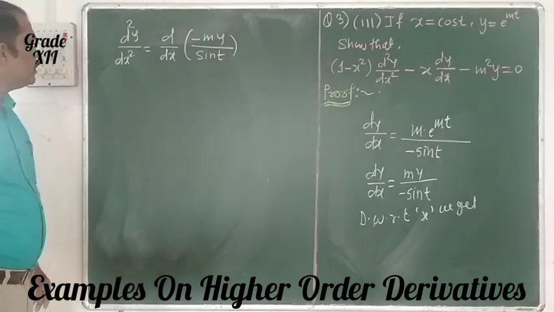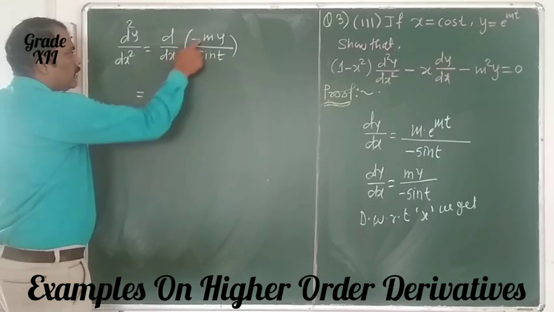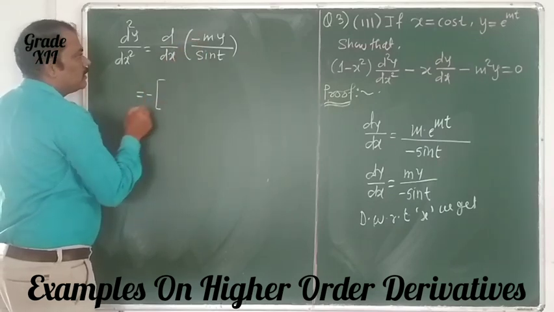Here we have to use the quotient rule, so we take the minus sign outside.